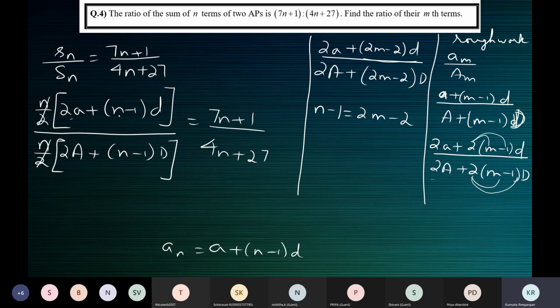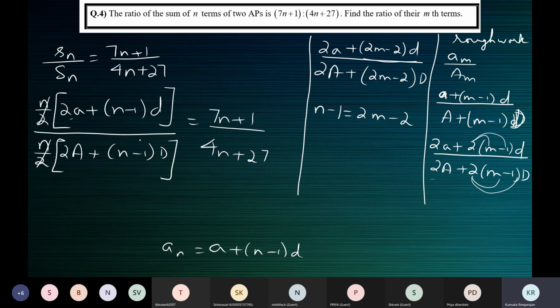Here the coefficient of D in the numerator and the denominator is n minus 1. We are equating that to get the value of n, because we need to remove n and introduce m.